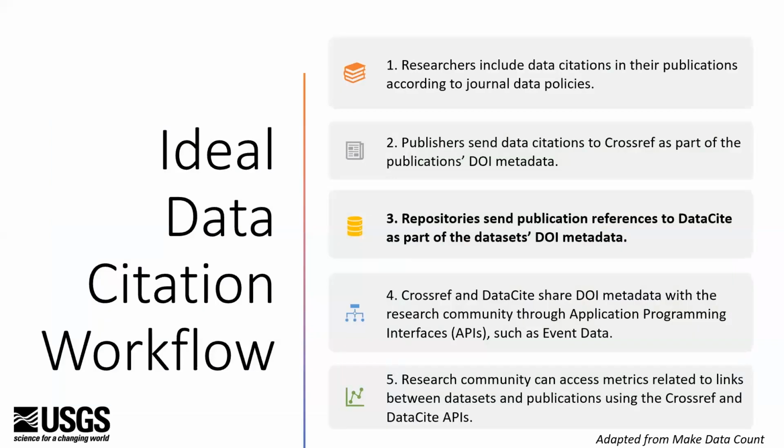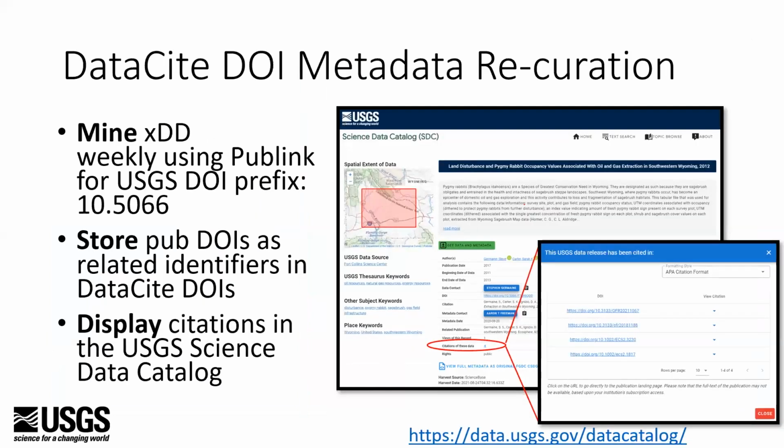Okay, so finally, I'm going to touch briefly on what USGS data repositories are doing to send publication references to DataCite. We use Public to mine XDD weekly for mentions of the USGS DataCite DOI prefix 10.5066.